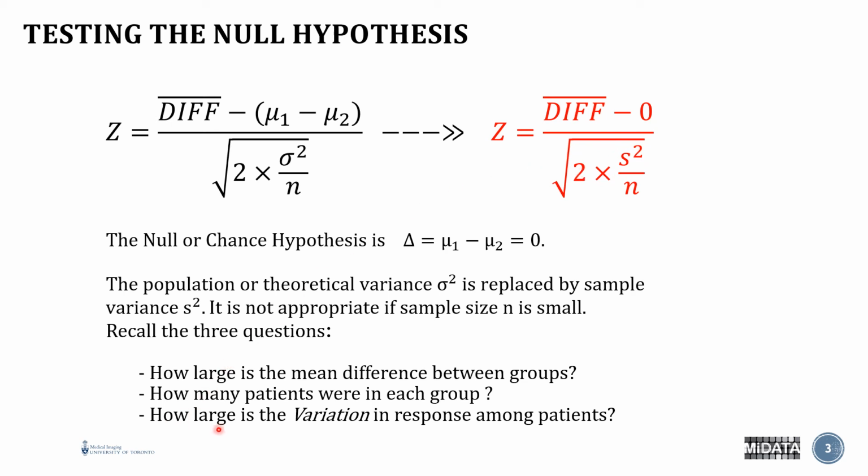And when we ask how large is the variation in response among patients, once again, the larger this variation, the larger this term, and therefore the more noise, which is not a good thing. And so what you want to do is maximize your signal while minimizing this term, by hoping for a smaller variation in response among your patients, and using as large a sample size as possible.